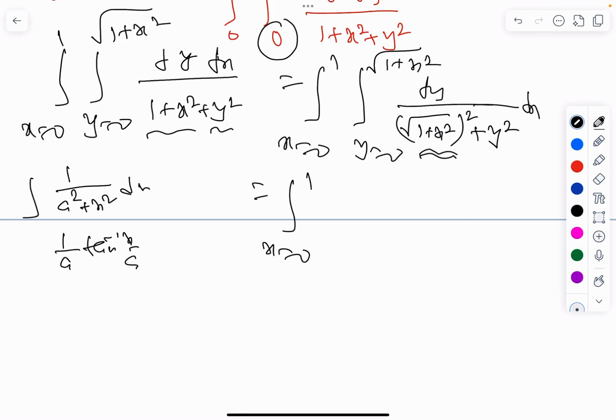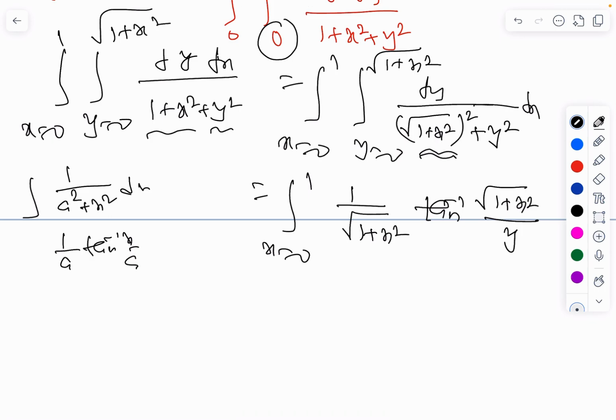This a is root 1 plus x square. So 1 upon root 1 plus x square, 1 upon a tan inverse y by a. So, sorry, this is a tan inverse y by a.